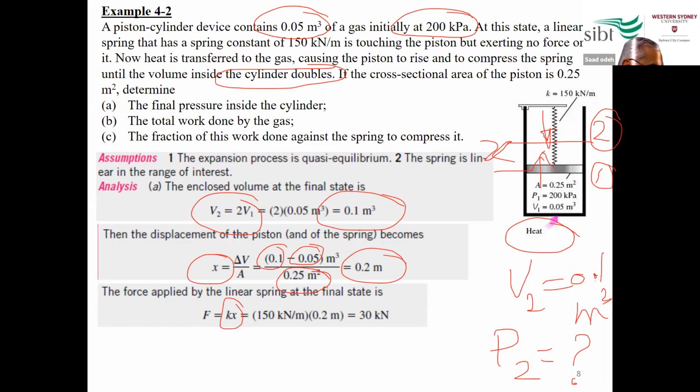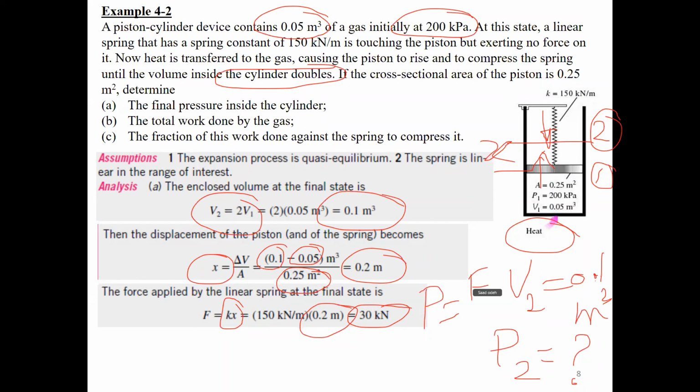So I multiply the constant 150 by the 0.2 change in length, and I get the force of the spring. I can divide it by the area of the piston to find the pressure, because remember, pressure is force divided by area, correct.